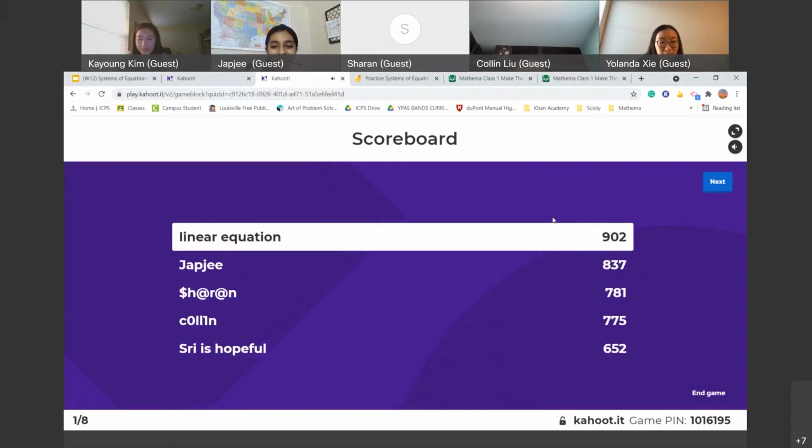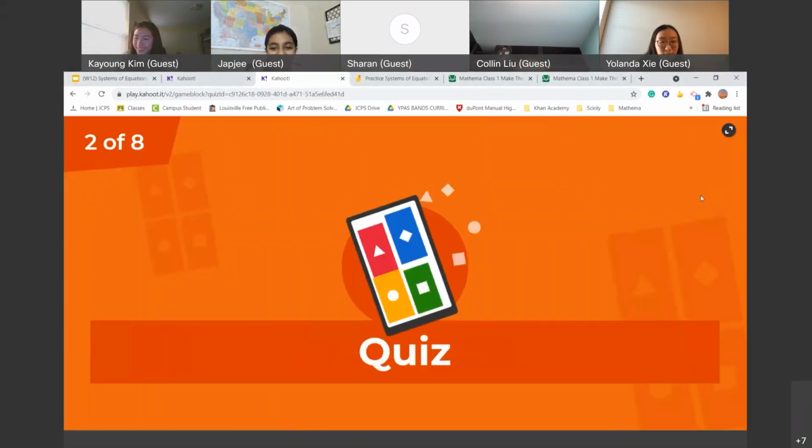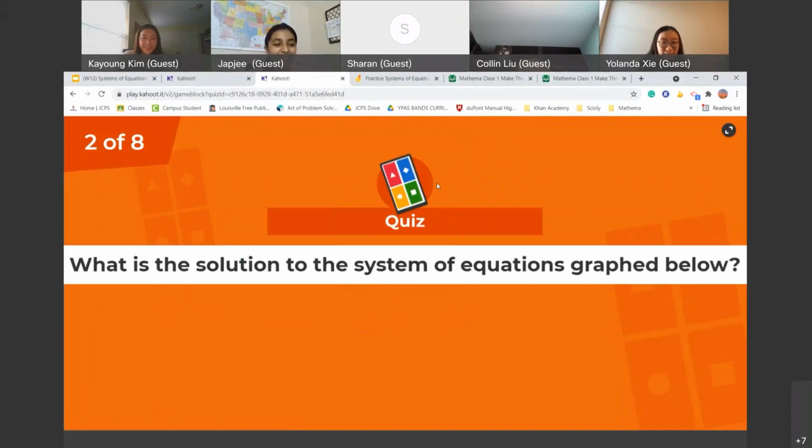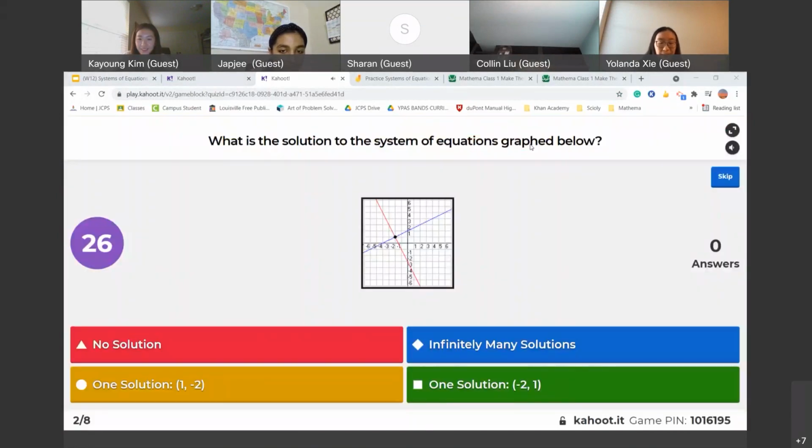Linear equation. I wonder who that is. I wonder. What is the solution to the system of equations graphed below? All right, so same thing again. Could you enlarge the picture?